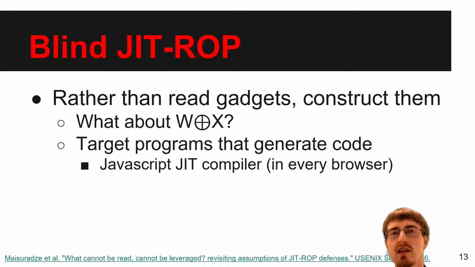It turns out that this includes a very important class of programs, namely browsers, because every browser includes a JavaScript engine that uses JIT techniques to compile the JavaScript code to executable code for the target system. So even if write XOR execute is enabled, we can construct code in these programs. And these programs are very important because they're a big part of the attack surface of a client machine.